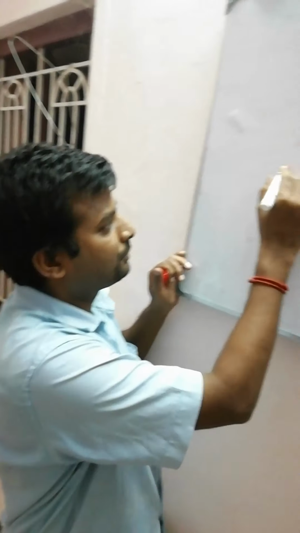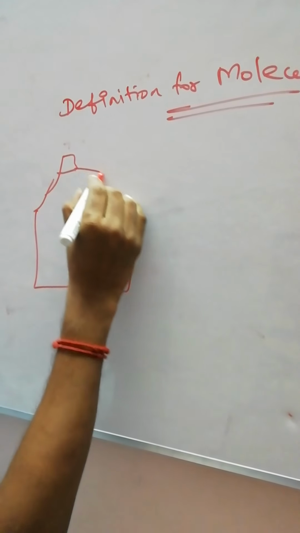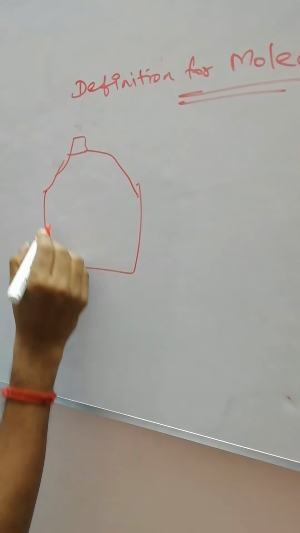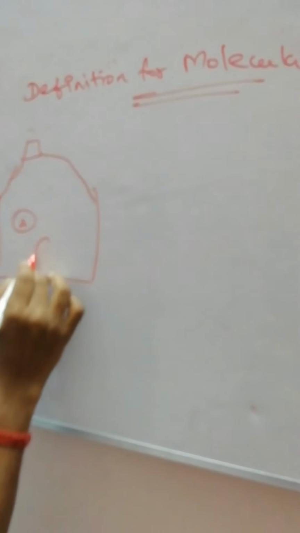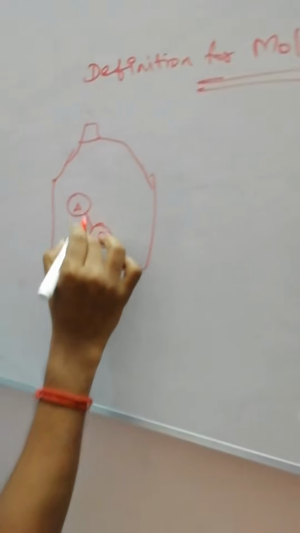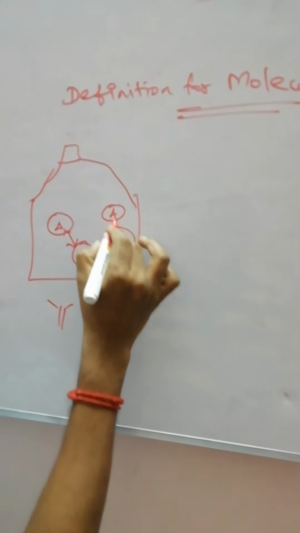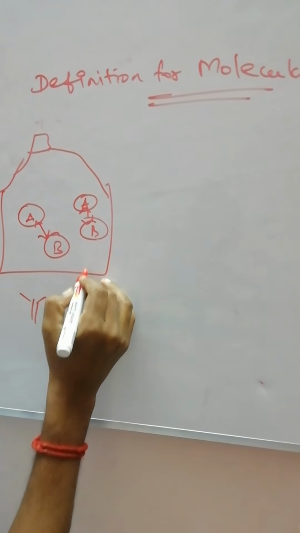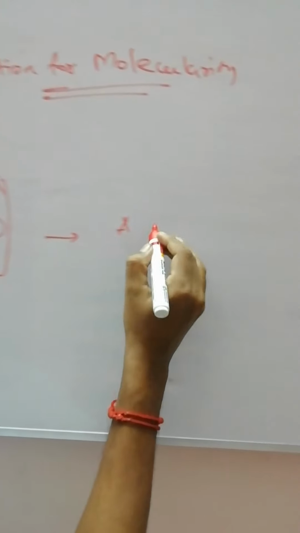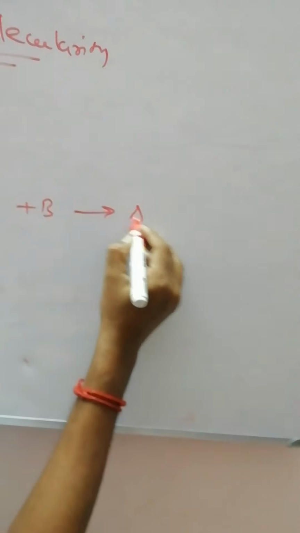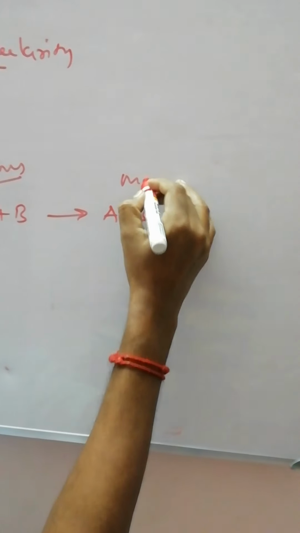I will explain. It's a closed box. Inside, A and B collide with each other because of heat. A plus B gives AB. Here A and B are atoms that give a molecule.